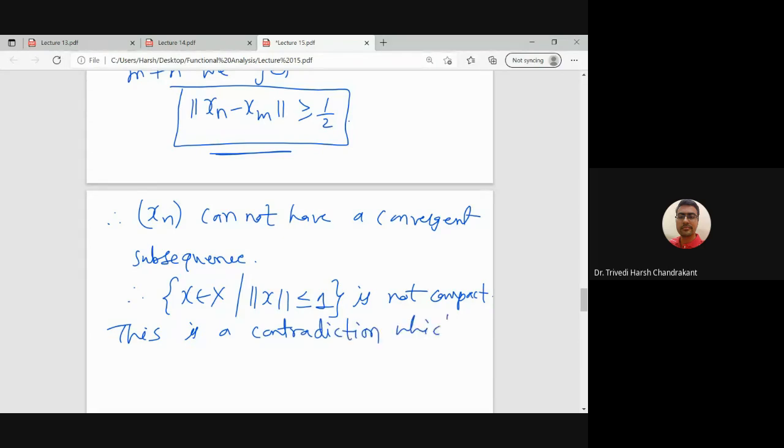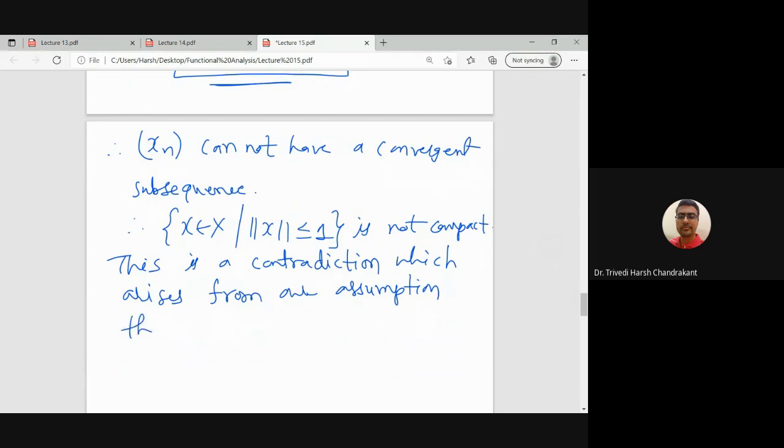which arises from our assumption that X is infinite dimensional.